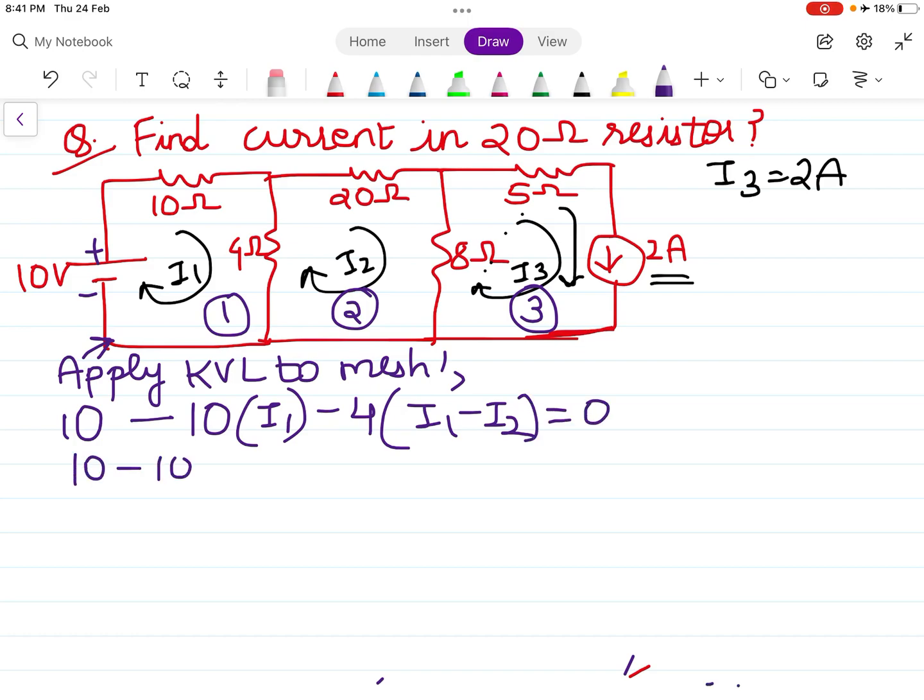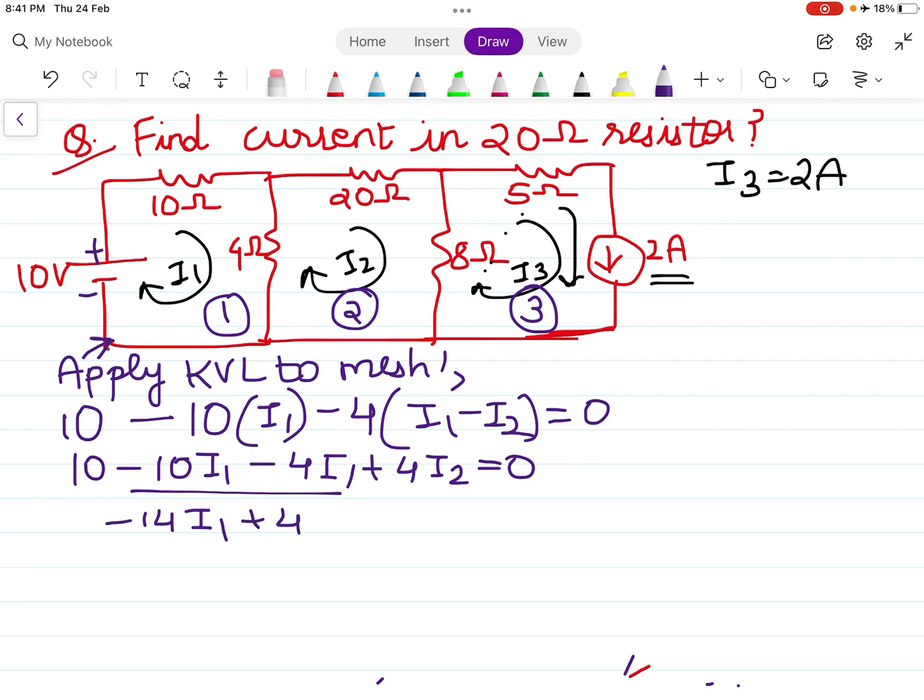So 10 minus 10 I1 minus 4 I1 plus 4 I2 equal to 0. So this will be minus 14 I1 plus 4 I2 equal to minus 10.